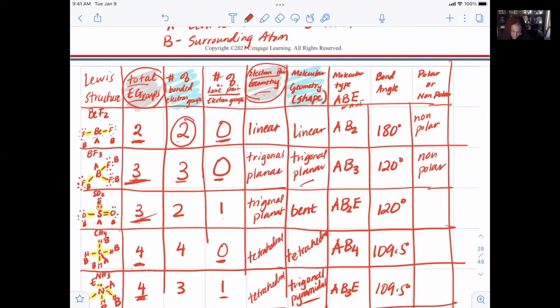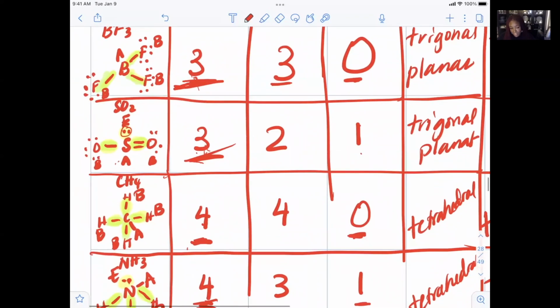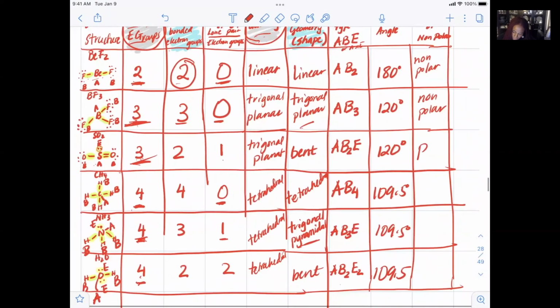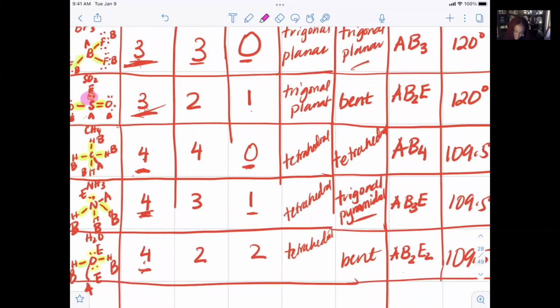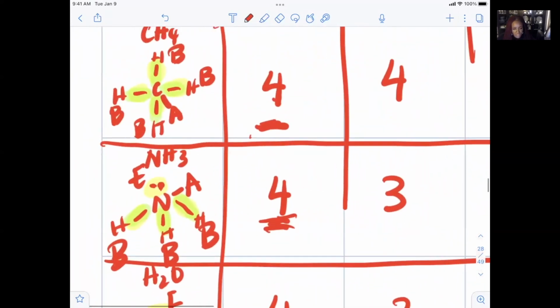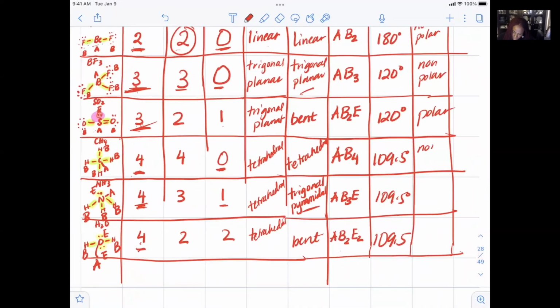Oh, how boring. Oh, exciting. The oxygens match, but we have a lone pair on the sulfur, so we do have a difference there. The difference makes this polar. Let me highlight what part makes it different that makes it polar. This part here, the lone pair. And then here on CH4, all the H's match, all the bonds match, non-polar.